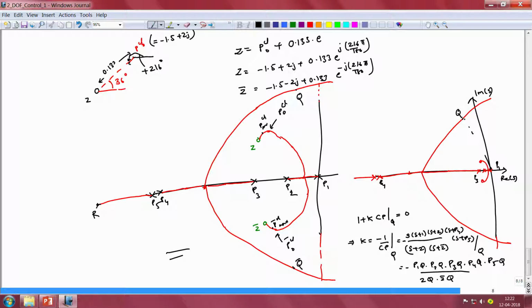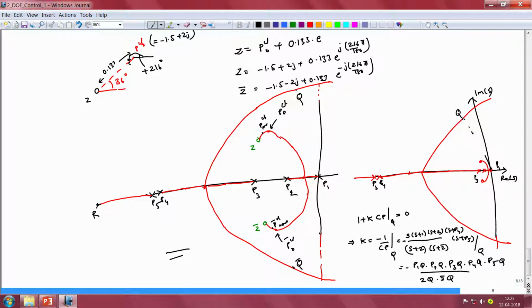Now if you recollect, we have chosen to place p4 and p5 very far away from the origin, and what that implies is that the point q is also very far away from the collection of poles p1, p2, p3 and the zeros z and z bar. So since the point q is very far away from this collection, the lengths p1q, p2q and p3q are very nearly identical to one another.